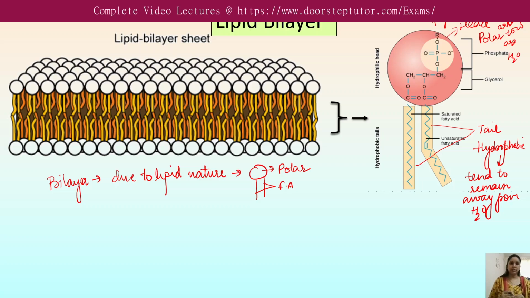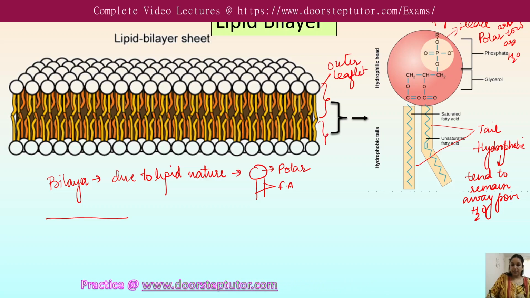We have already discussed that the plasma membrane separates the cytoplasm from the outer environment, and the cytoplasm is an aqueous environment, and the outside of the cell is also an aqueous environment. So this is the bilayer, as we can see the upper part, or we can say the outer leaflet.